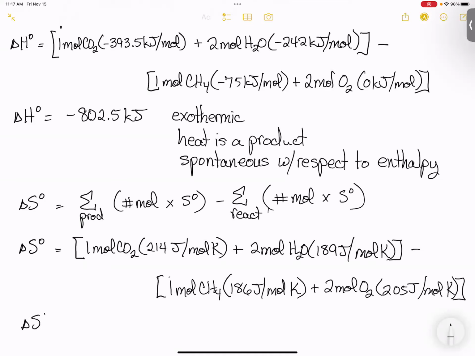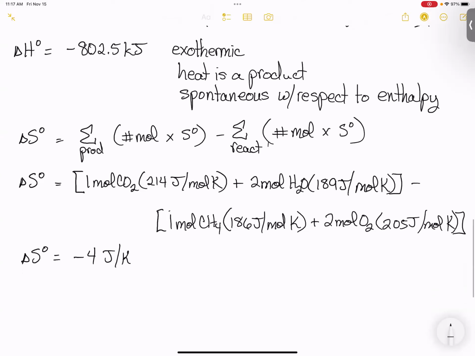So our delta S naught comes out to be equal to a value of -4 joules per Kelvin.